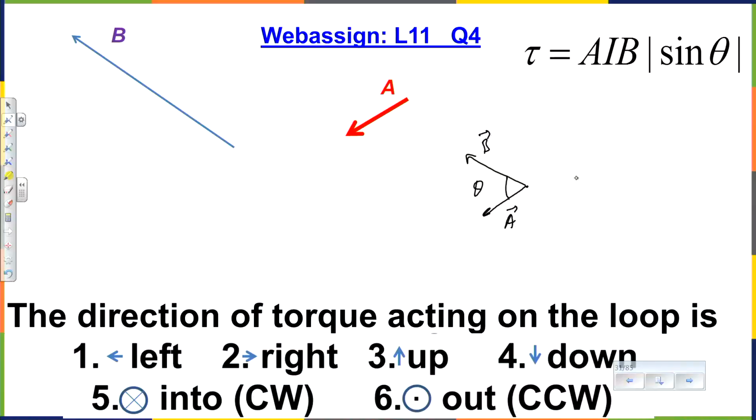But now we also can say, according to the rule, how should the loop move? Do you see the loop? Can you imagine that you see it? Well, I see the loop. Because it has to be perpendicular to the area vector.